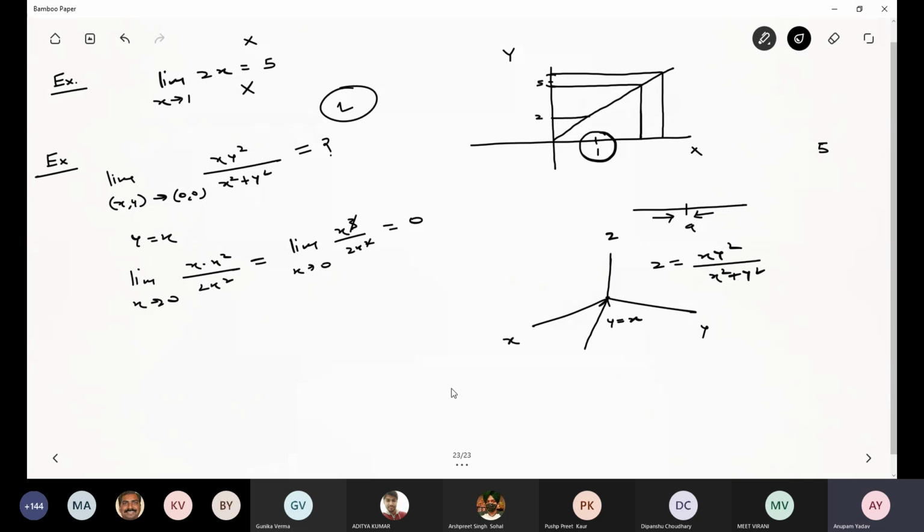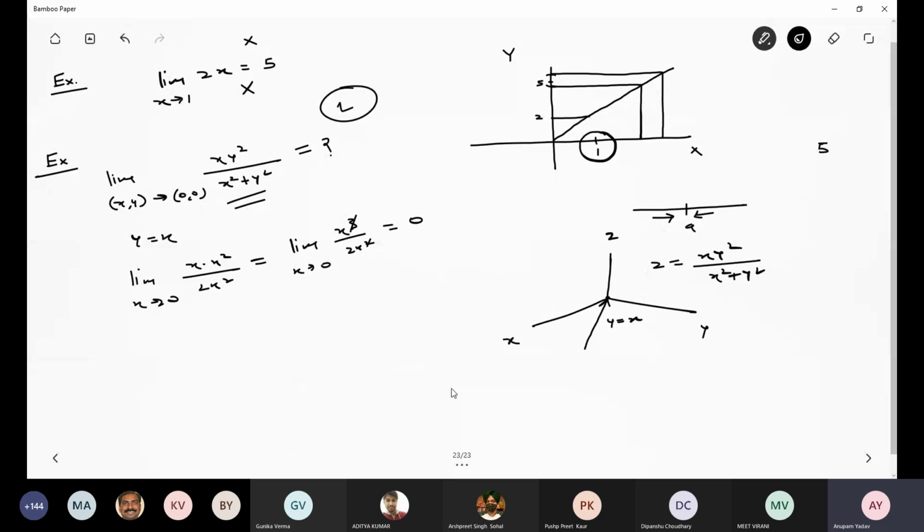So from here, it must be very clear to us that if the limit of this function exists, it must be 0. So far, we do not know whether it exists or not, but what we know is that if it exists, it will certainly be 0.